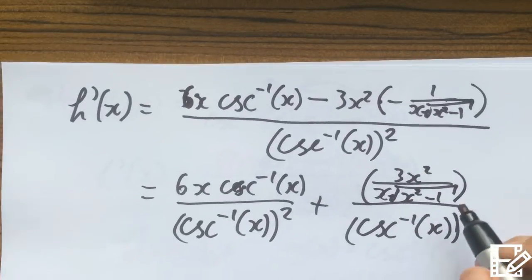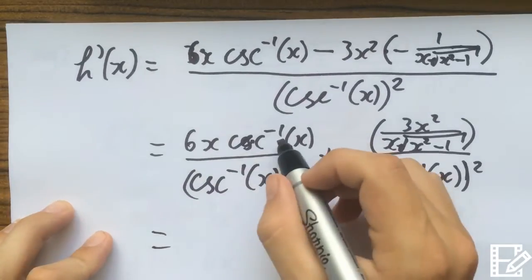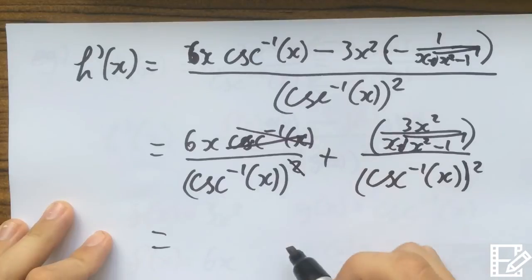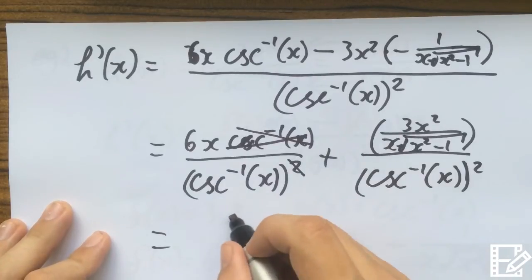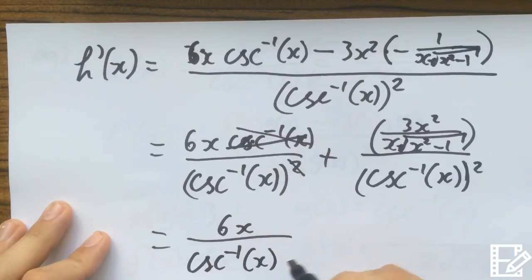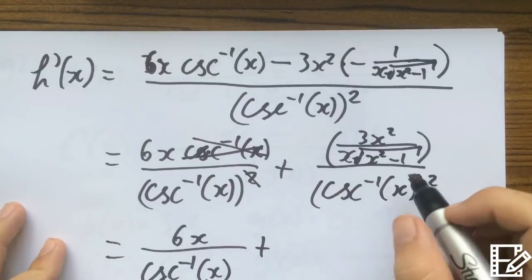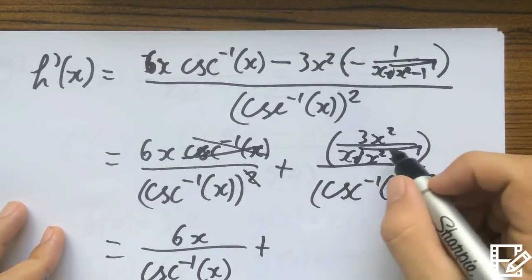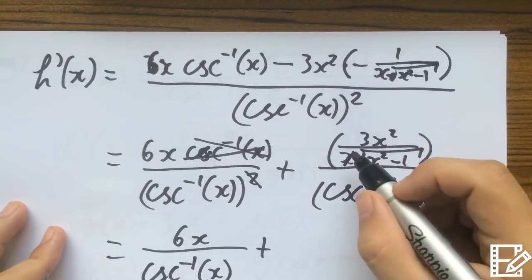Okay, so here we can simplify. Get rid of 1 inverse cosec x, get rid of 1 on the bottom. So we'll have 6x over the inverse of cosec of x plus, okay, over here, 3x squared over x, we can get rid of one of the x's.